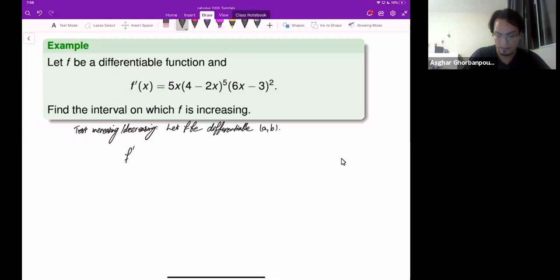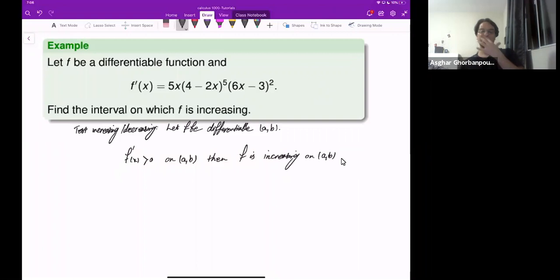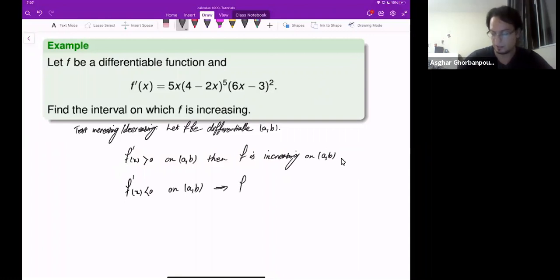Then if f prime of x is positive on (a, b), then f is increasing on (a, b). So a function being increasing is a result of f prime being positive. And if f prime is negative for all x on the interval (a, b), we can conclude that f is decreasing on (a, b).